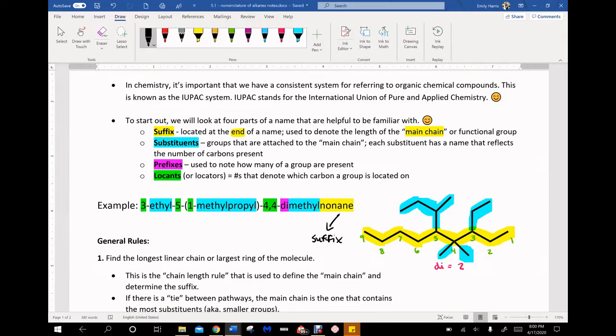The second part of the name is what's called the substituents. The substituents are just any groups that are attached to the main chain. On my molecule here, I've highlighted those substituents in blue. The way each substituent is named reflects how many carbons are present.